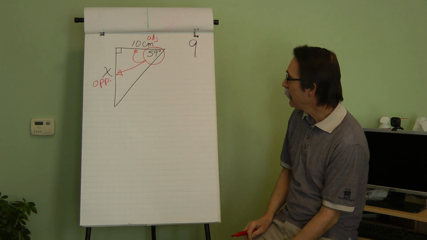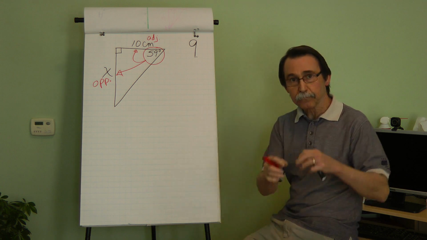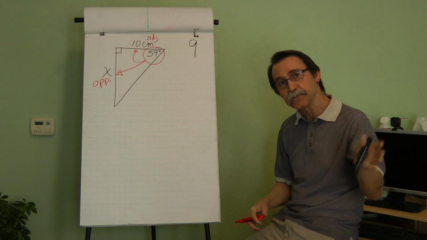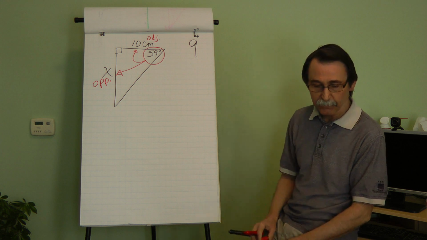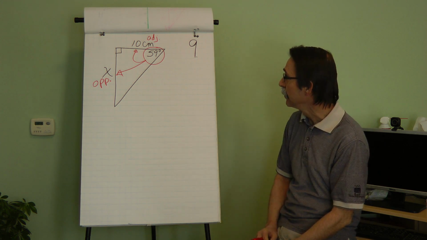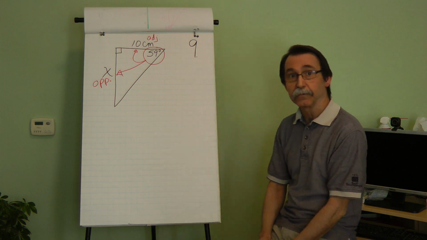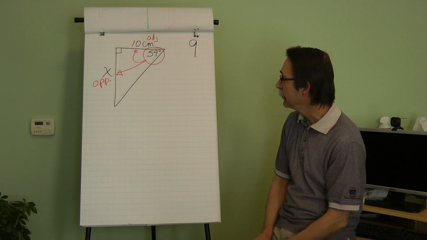So, opposite and adjacent. Now, you should always be working with some sort of a little chart that tells you the definitions of sine, cos, and tan. So I'm going to assume that you have that sitting in front of you. If you're in our actual math class, you'll see them posted all over the walls and whatnot.